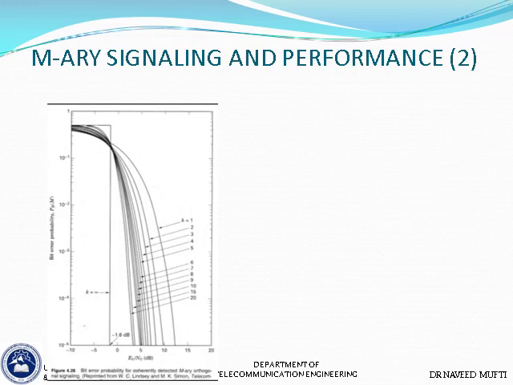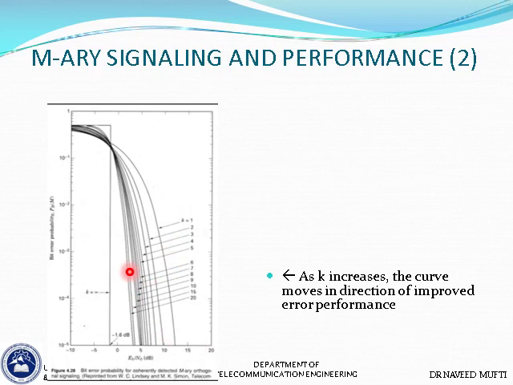Okay, so let us continue our discussion of M-ary signaling and performance. Here in this figure, we are looking at different curves, with bit error probability (PB) on the y-axis and Eb/N0 on the x-axis. Inside one figure we have multiple curves. We have the bit error probability for coherently detected M-ary orthogonal signaling. All of them are different levels of M-ary orthogonal signaling.